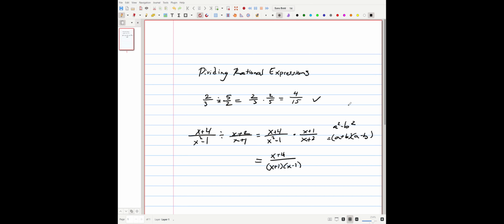Now you'll notice that we have an x plus 1 in the numerator and an x plus 1 in the denominator, so we can cancel these terms. What are we going to get? Well, x plus 4 on top. Remember, the canceled term just becomes a 1 essentially. And on the bottom we have (x − 1)(x + 2).